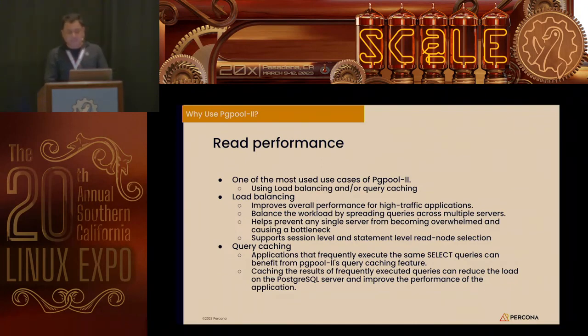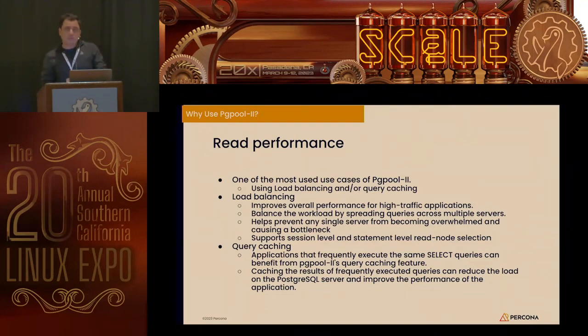With load balancing, for example, if you have two standbys and one primary, and you distribute the load evenly, technically you can get twice the overall performance. Similarly with query cache, all the cached results are just so fast.